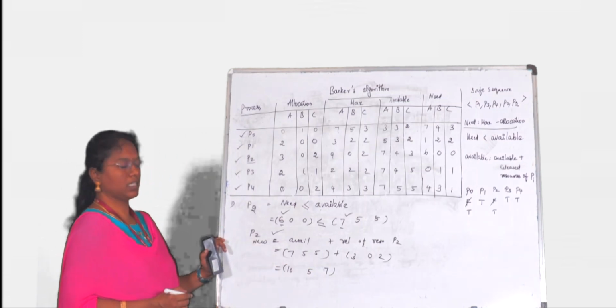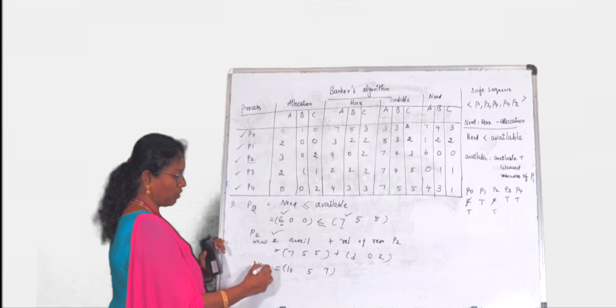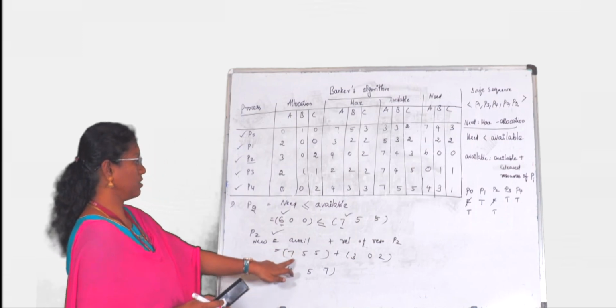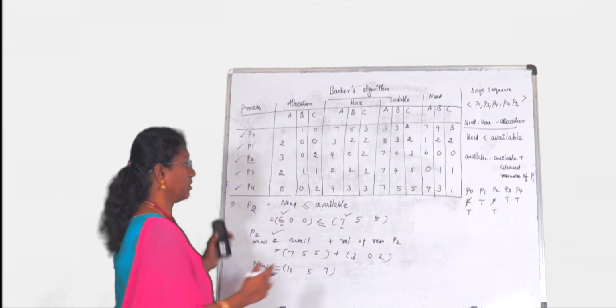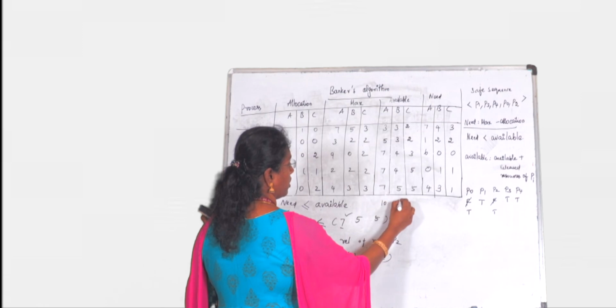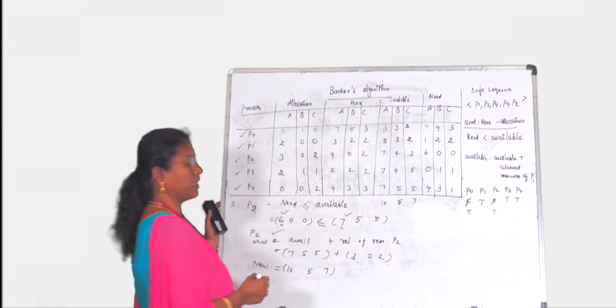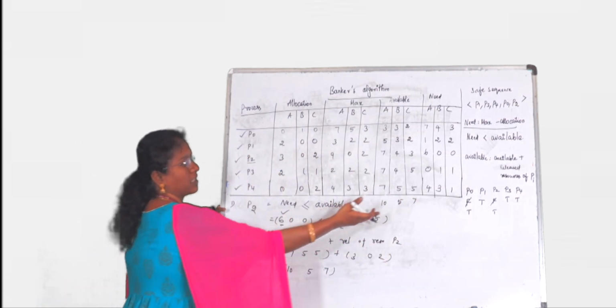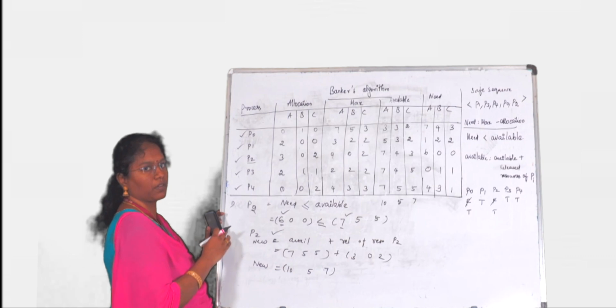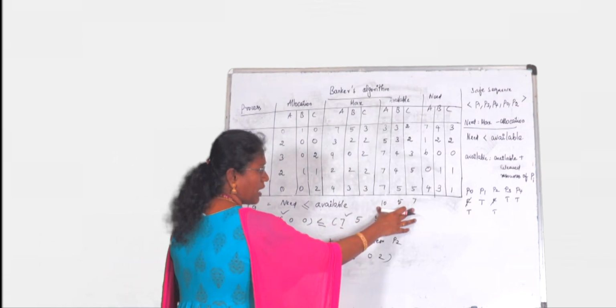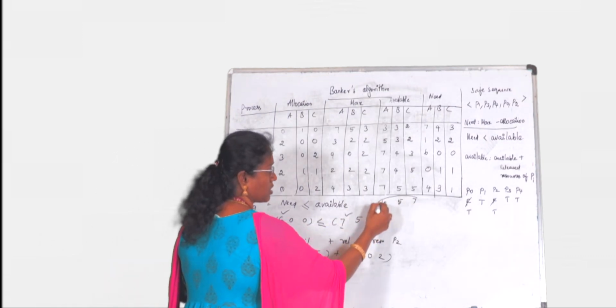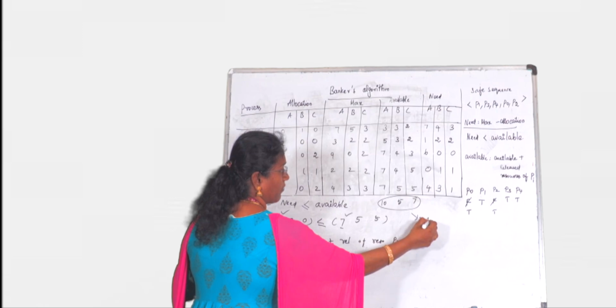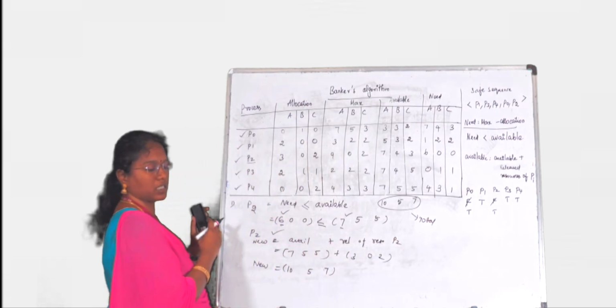At last, all the processes have been executed and the available resource in my system is this much, 10, 5, 7. This is the total availability of resources in the system.